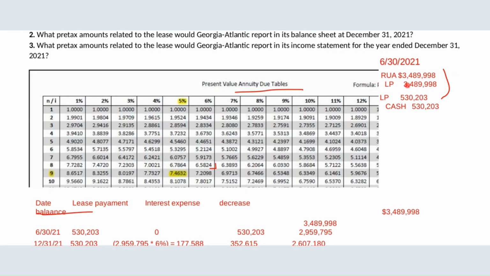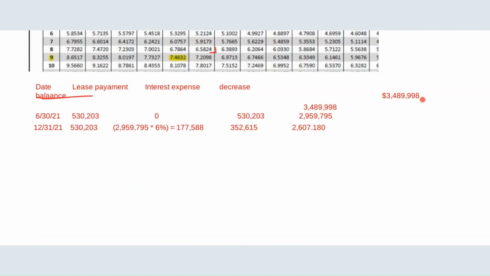We already did the journal entries for June 30. So now we're going to do the journal entries for December 31st. So we're going to have it again, a debit to what? On December 31st, we're going to debit lease payable, yes.